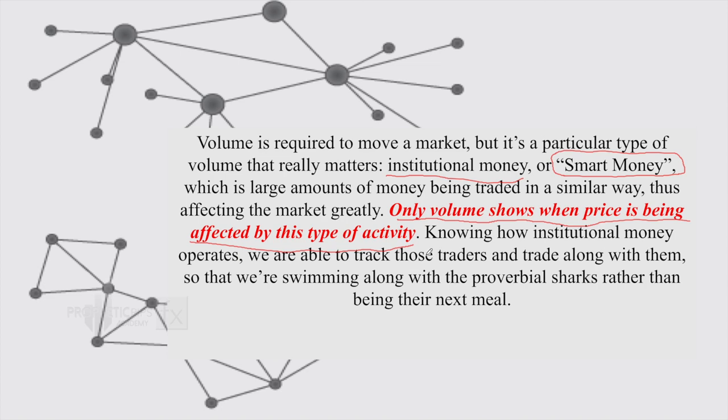In order for you to truly understand institutional movement, institutional flow, institutional action on a chart, you've got to understand what the volume is saying, okay? Because we're able to track those type of traders and trade along with them so that we're swimming along with the proverbial sharks rather than being their next meal.